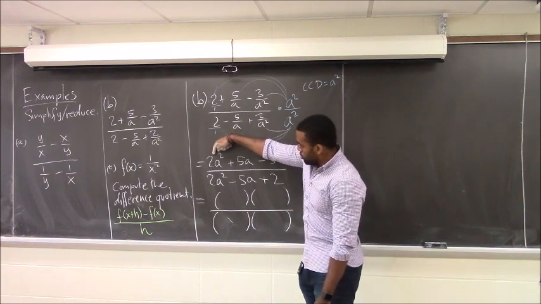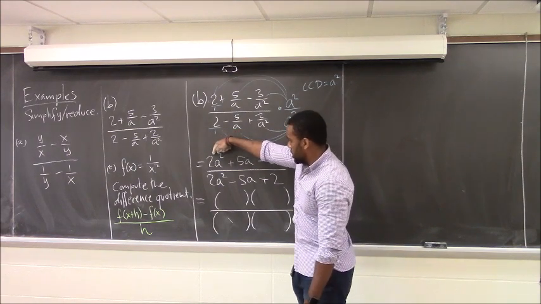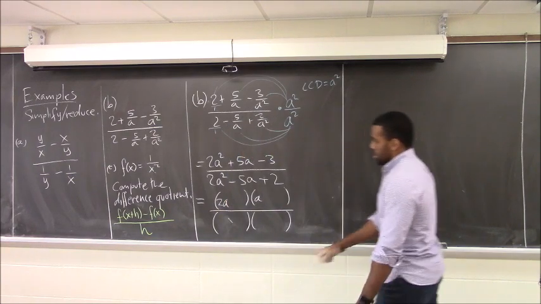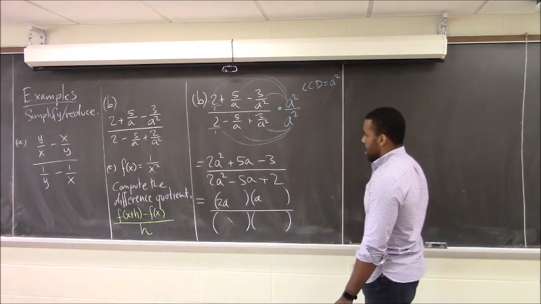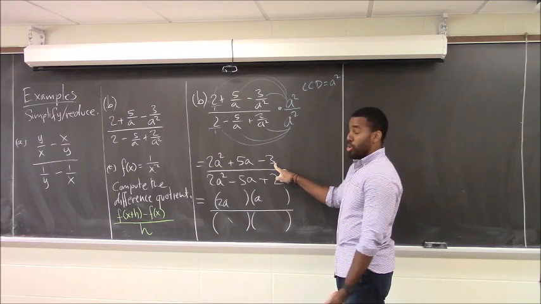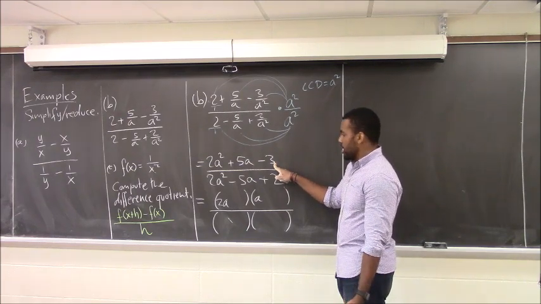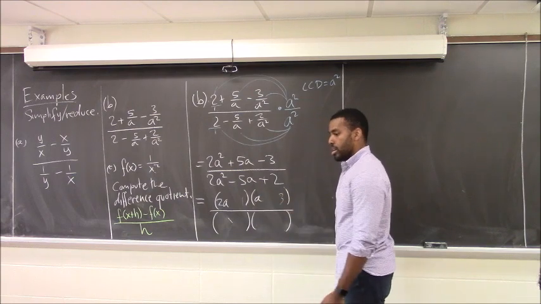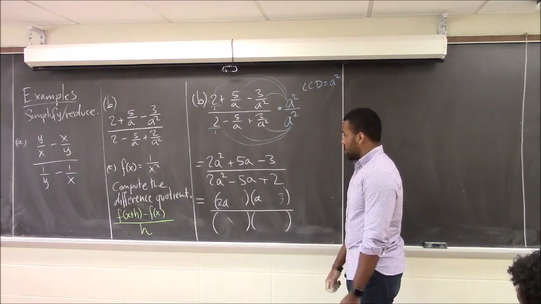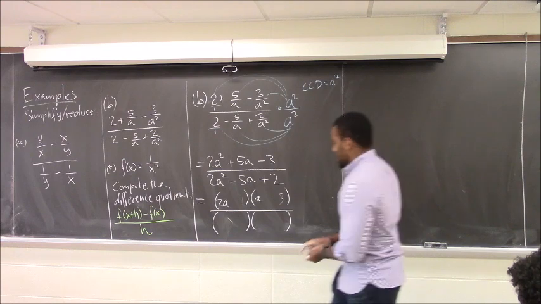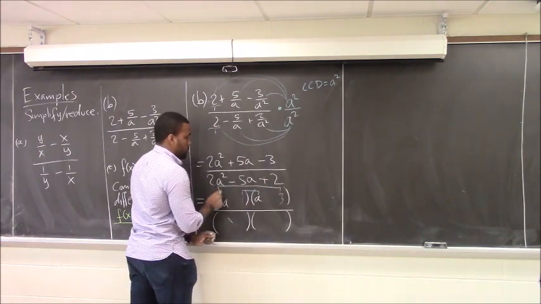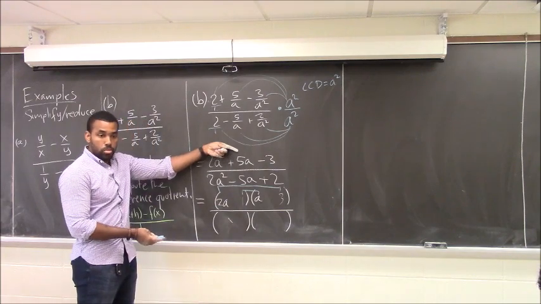So because 2 is prime, that's pretty easy to know how to get the A. So you have 2A and A, right? So now you know you want to get a 3. There's only one way to get 3s, 1 and 3. So you know it's either a 1 and 3 or a 3 and a 1. How do you know what choice you have to make? Well, the middle numbers and the outer numbers must add up to the original middle number.